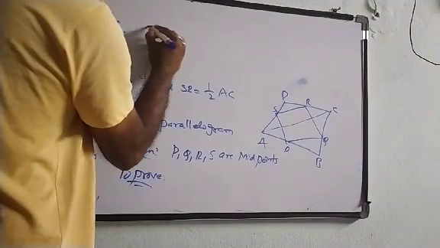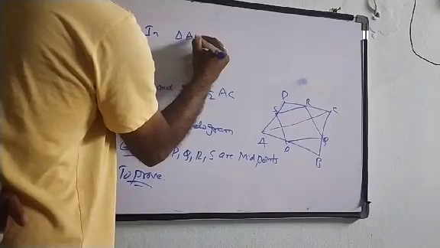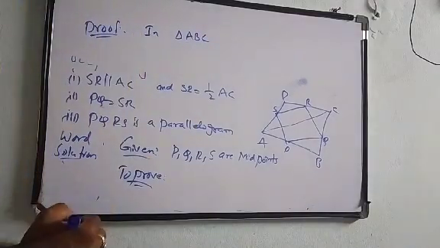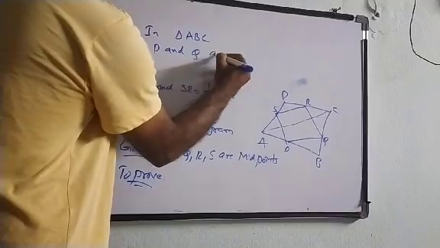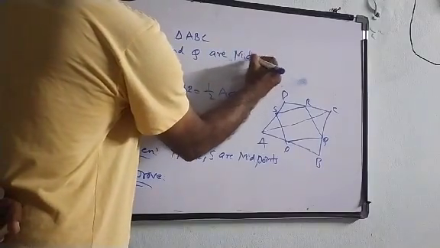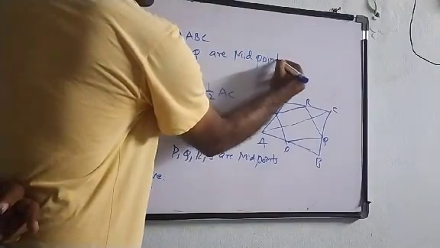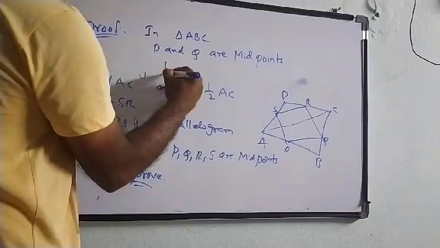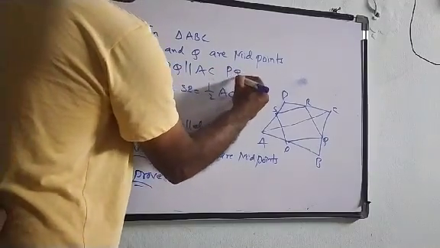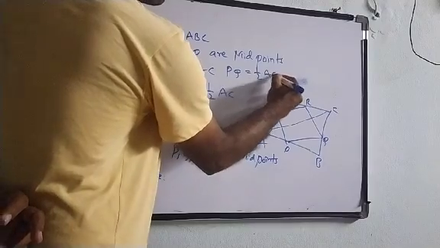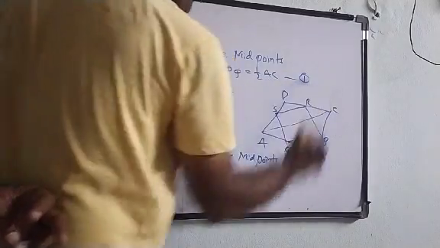In triangle ABC, P and Q are midpoints. So PQ will be parallel to AC and PQ will be half of AC. Keep this as first equation.